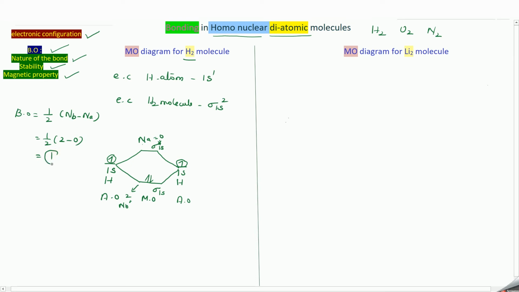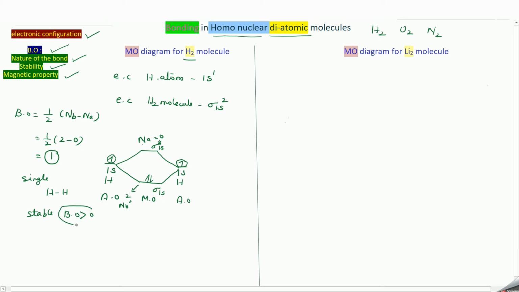Since the bond order is 1, the nature of the bond we can say is a single covalent bond. You can write it like this: hydrogen single bond hydrogen. Now the stability. This hydrogen molecule is stable because we are getting a bond order which is greater than 0.